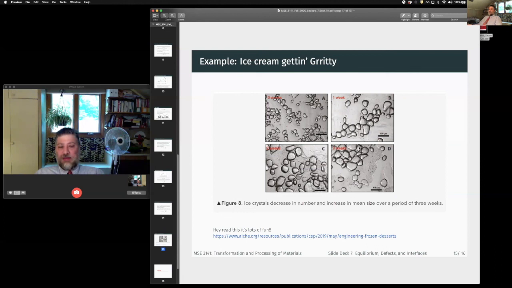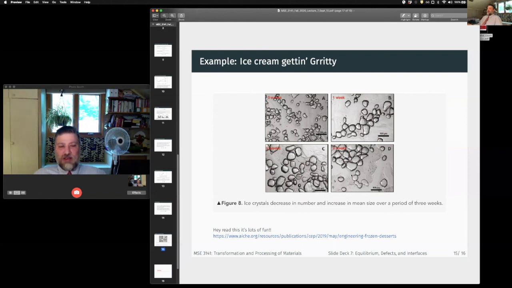If you have ice cream in the freezer for a long period of time and it's at a slightly higher temperature in your freezer where it's still frozen, but it's not super cold, it gets gritty because the small, fine ice crystals that are a signature of really high quality creamy ice cream grow by Ostwald ripening to form larger crystals, which you can feel on your teeth and your tongue.